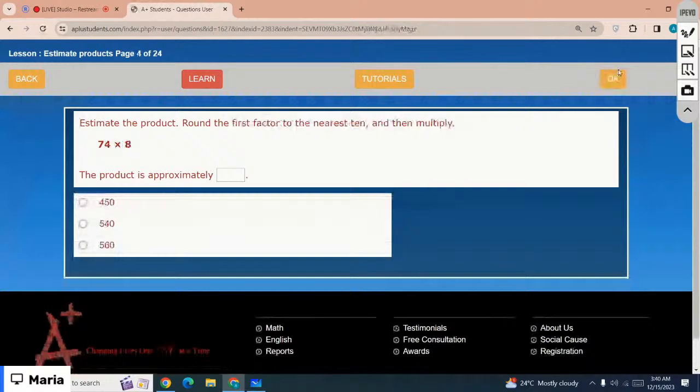Estimate the product, round the first factor to the nearest 10 and then multiply. So 74 times 8 equals.